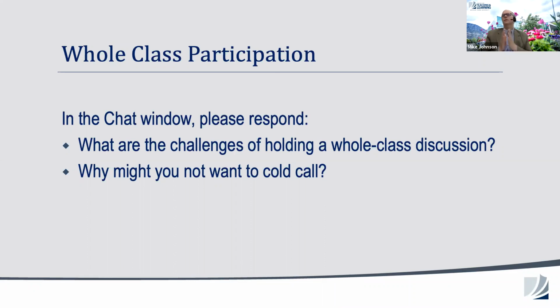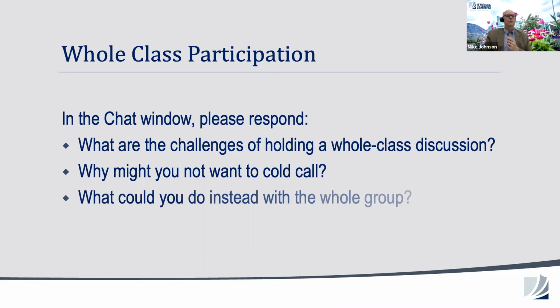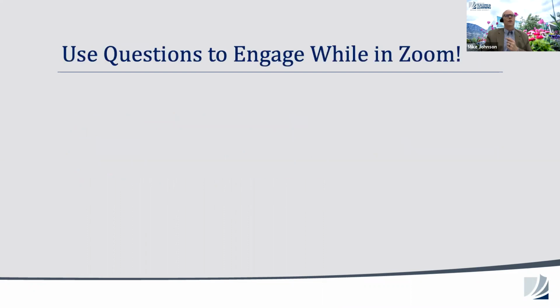Well, we can give the students time to think before we start calling on them. We can ask for volunteers using the hand raising application that we saw in the participants poll.